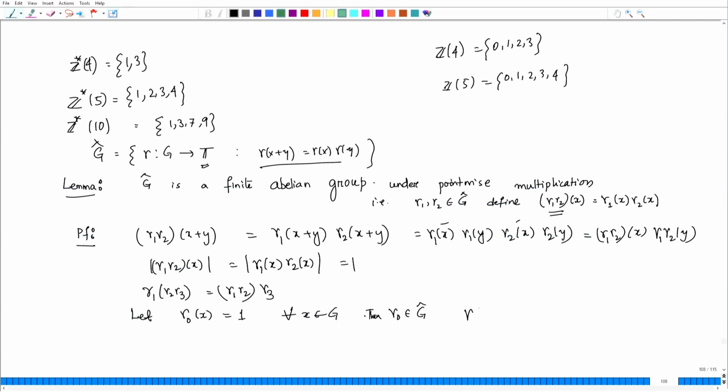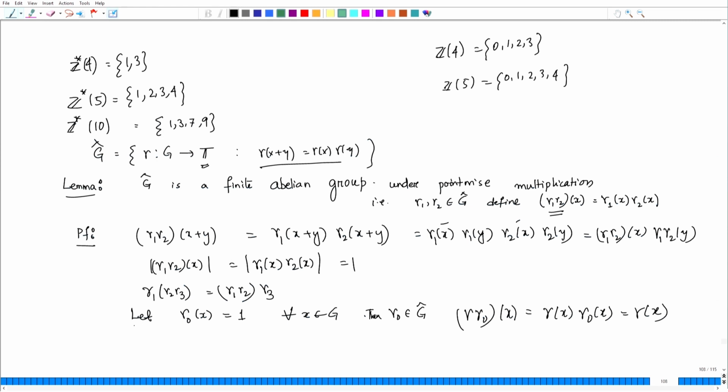Now, if you take gamma gamma 0 of x, this is equal to gamma x gamma 0 of x by definition, which is equal to gamma x. So, you multiply gamma 0 on any member of G hat, and it returns you back gamma x. So, hence that is the identity.